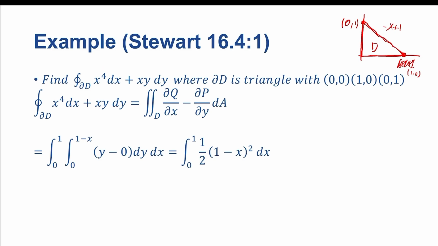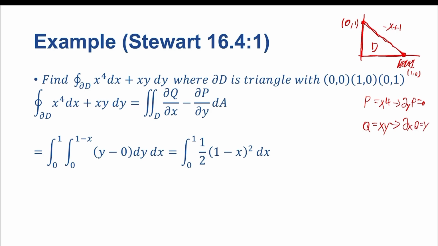Now we've got to find our cross terms. If P is equal to x to the fourth, then the derivative of P with respect to y is 0. So partial P over partial y is equal to 0. Now if Q is equal to xy, then differentiating that with respect to x, that's going to be equal to y.